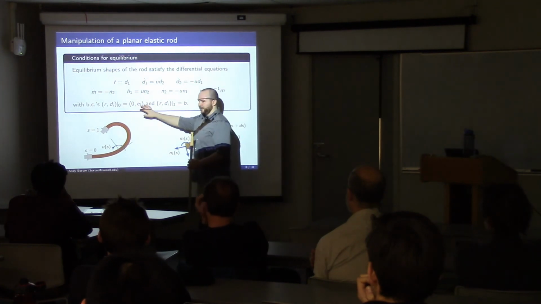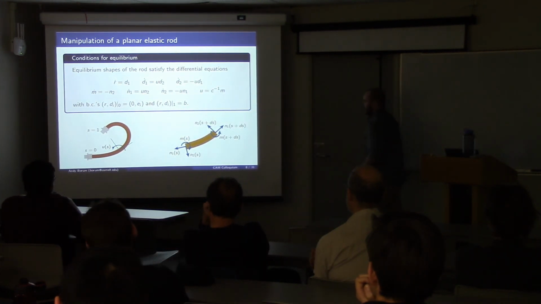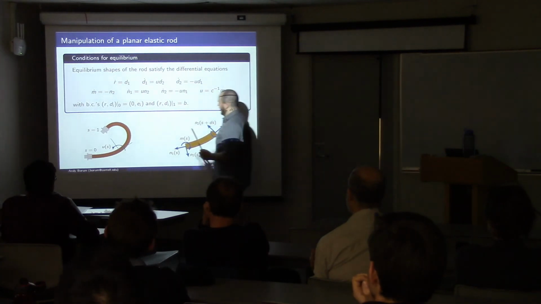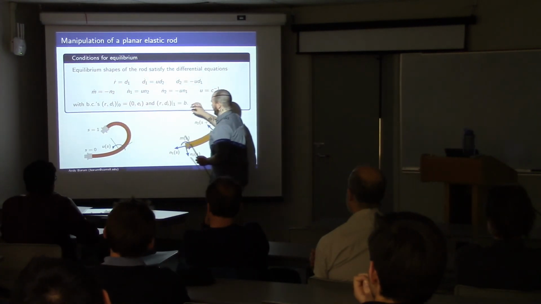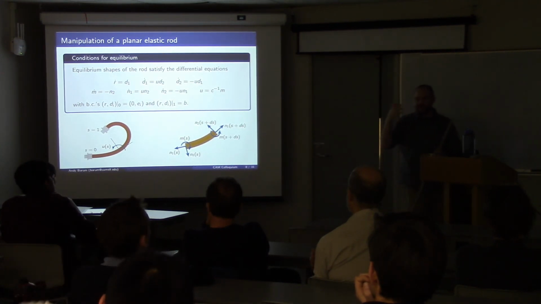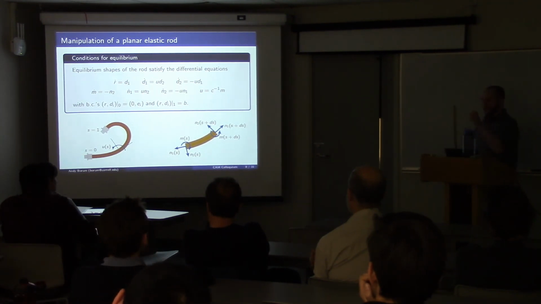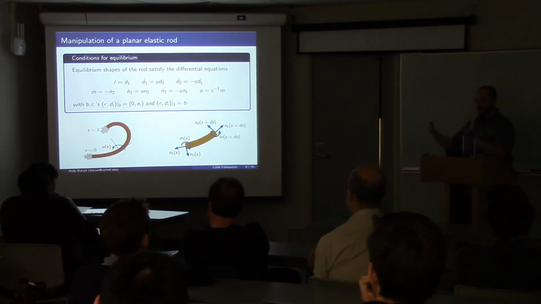The EIs are just standard unit vectors. The boundary condition at the other end, at S equals 1, we're going to call that B. So whenever you see B, that means placement of the robotic gripper at the end of the rod. So that's the thing we're going to move. We're going to assume that one end of the rod is fixed, and the other end is the robotic gripper that's going to deform it into our goal shape.